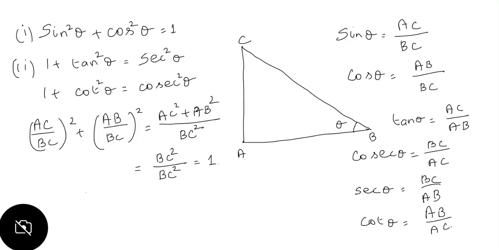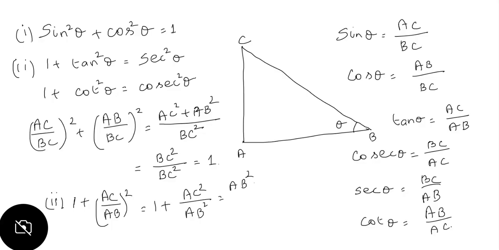Now let me go to proving identity 2, that is 1 plus tan square theta equal to secant square theta. So what is going to be 1 plus tan square theta? According to what I have written for tan theta here, can't it be written as 1 plus AC by AB the whole square, which will therefore become 1 plus AC square upon AB square, which is equal to AB square plus AC square upon AB square.